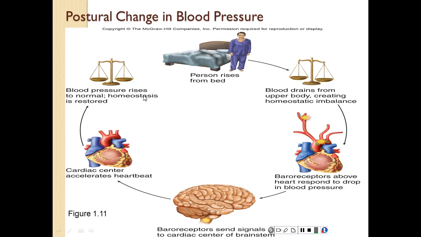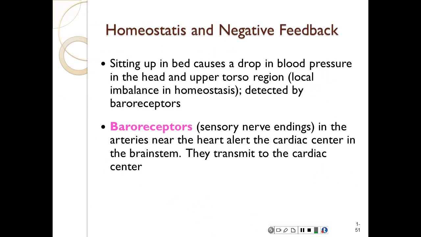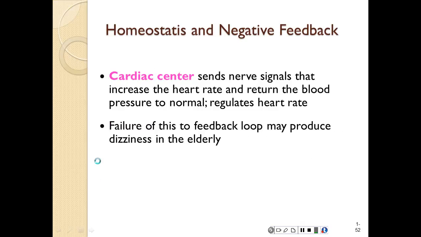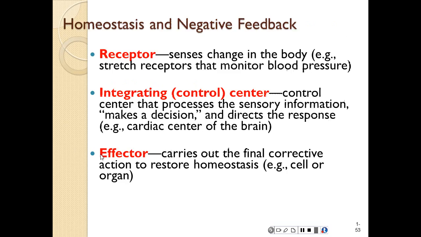Okay, this is just another example of our negative feedback loop. Here's just the written portion of what I was just talking about with the baroreceptors. Okay, I'm gonna keep going.